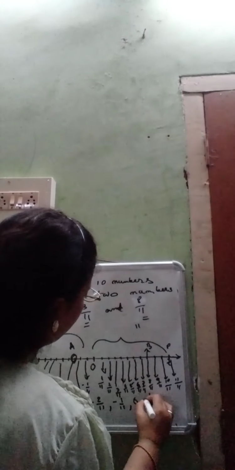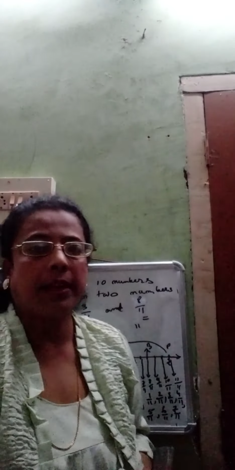Then we have the 0 point. Then we have plus 1 by 11, then plus 2 by 11, then plus 3 by 11, then 4 by 11, then 5 by 11, then 6 by 11, then 7 by 11.